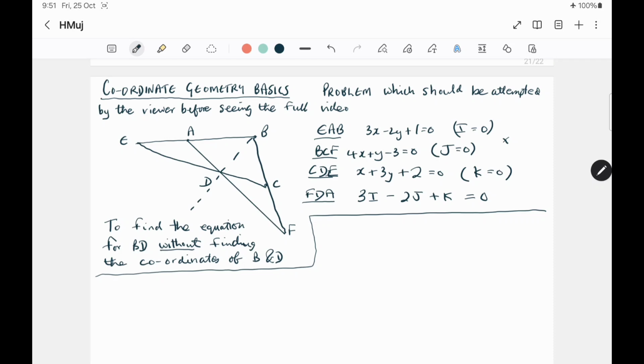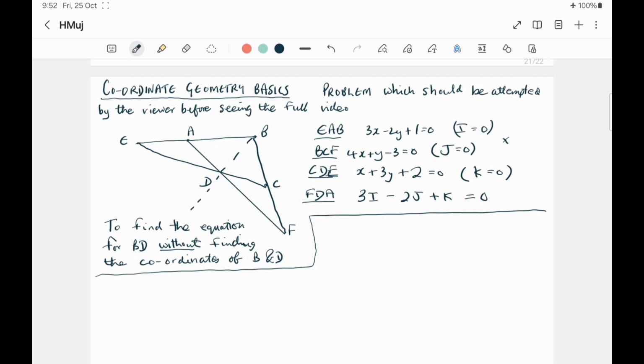What we're required to do is to find the equation of the line BD without finding the coordinates of B and D. And I've suggested that this problem should be attempted by the viewer before seeing the full video in order to give him or herself a little bit of practice.